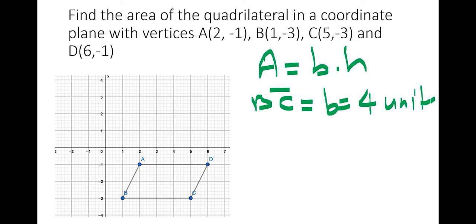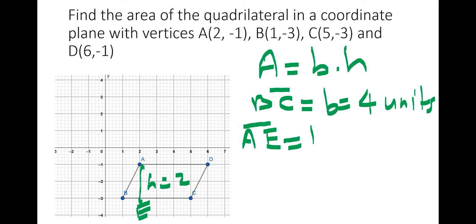Now the height needs to be drawn such that it's perpendicular to BC. If we choose point A and draw the line, so our height is 2 units. Point, we can say E. AE is our height, which is 2 units.